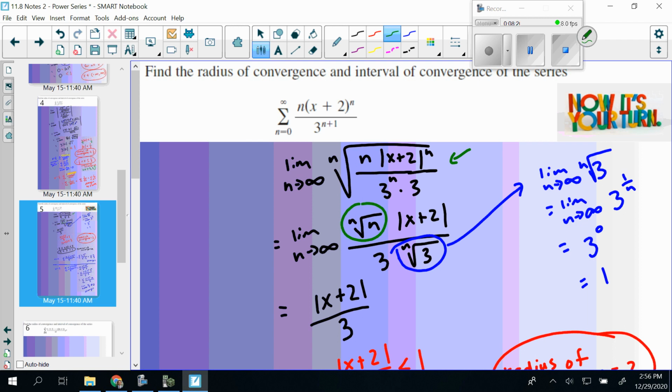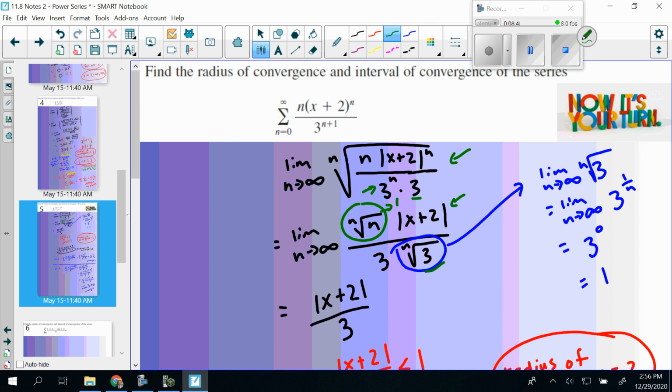We'd have just absolute value of x plus 2, because the nth root and the power of n would cancel. Same with this one, the nth power would cancel, and then we would have the nth root of this term 3 here. We've seen from previous videos that this is going to 1.